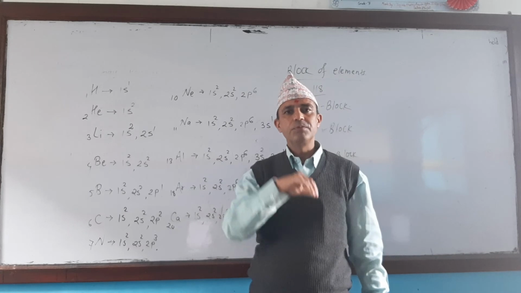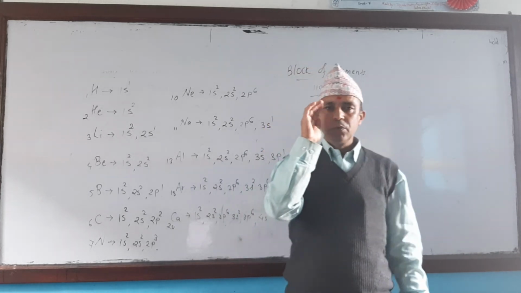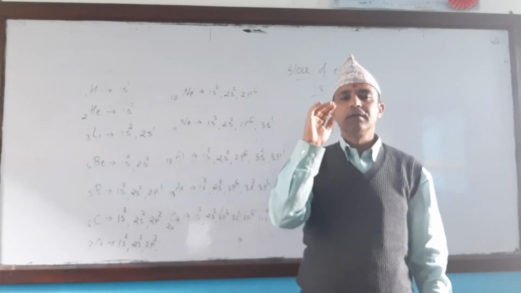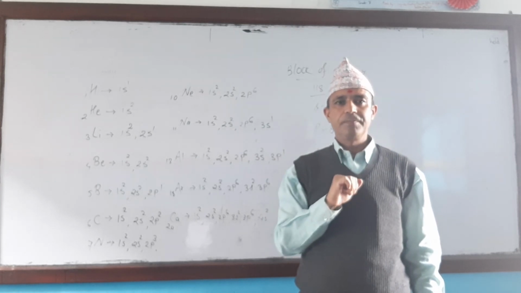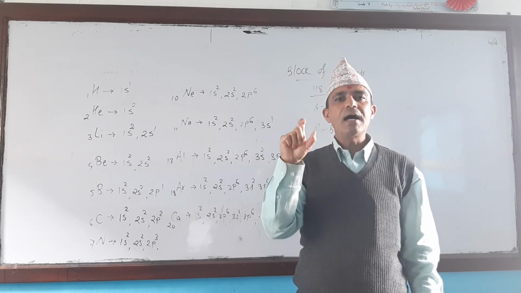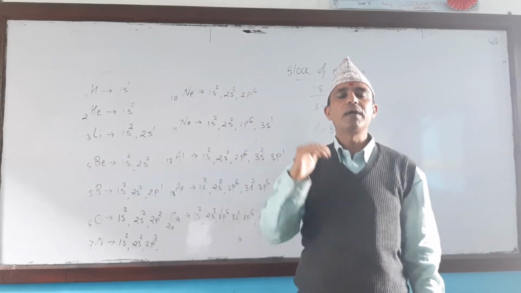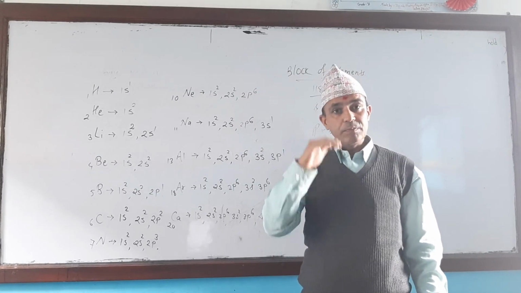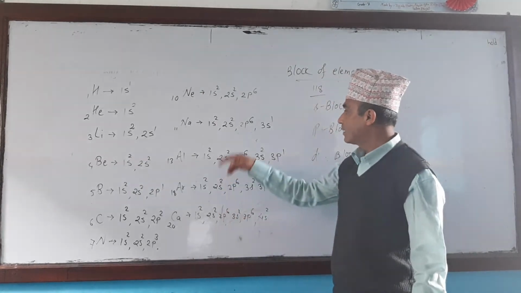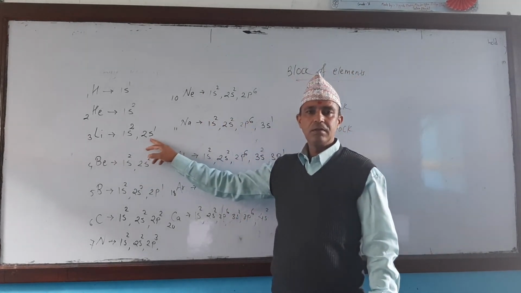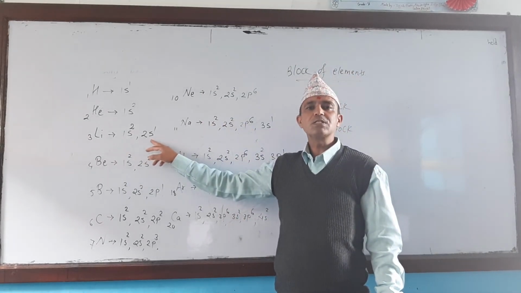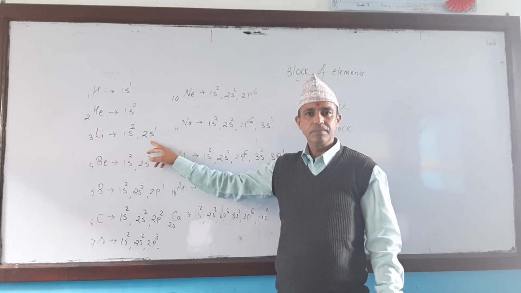Now, if you talk about block, we have to look at the electronic configuration. Where are the valence electrons, the outermost electrons, located? If the outermost electrons are located in the s orbital, that belongs to an s block element.